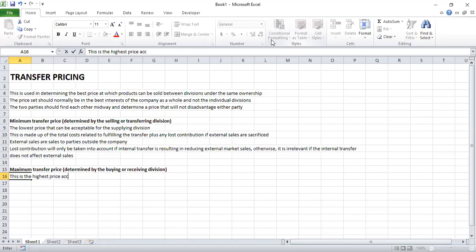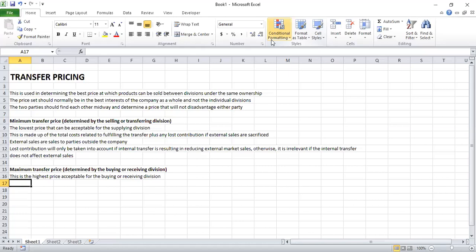Acceptable for the what? Buying division or receiving division. Any price above that, they will not accept it. So normally, the furniture division, their maximum price is the price that they can buy elsewhere.